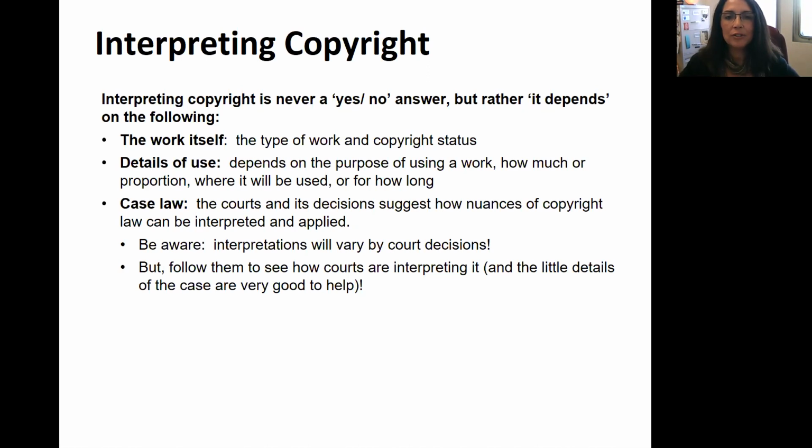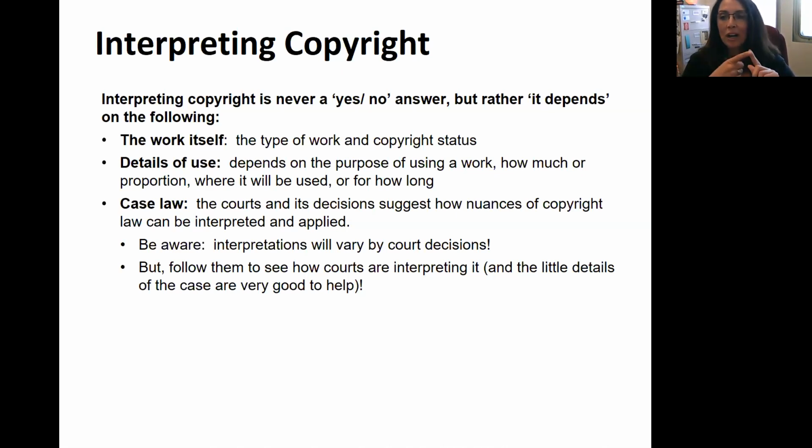And then case law is a third aspect of how copyright is interpreted. What this means is the courts have had a lot of copyright cases. Somebody wants to sue somebody else because of copyright infringement, perhaps. Well, the court decisions really suggest how nuances of copyright law can be interpreted and applied.